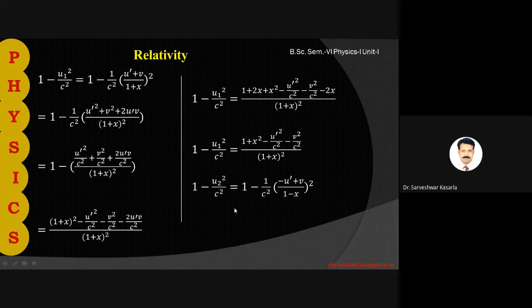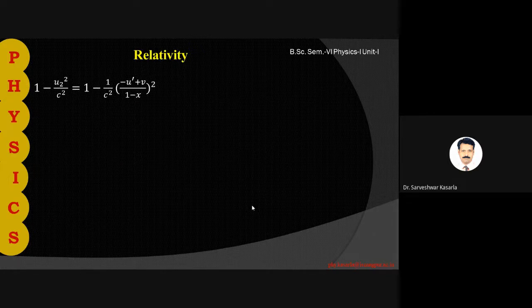Similarly, one can take the value of 1 minus u2 square by c square. If you solve this along similar lines, again with the same replacement of x, you will get 1 minus u2 square upon c square is equal to 1 minus 1 upon c square into ((minus u dash plus v) upon (1 minus x)) whole square.